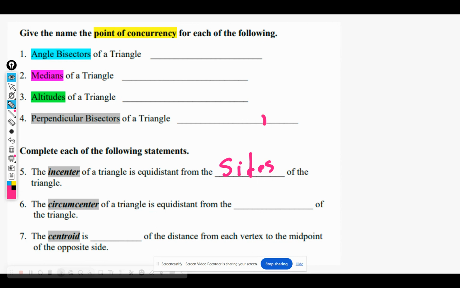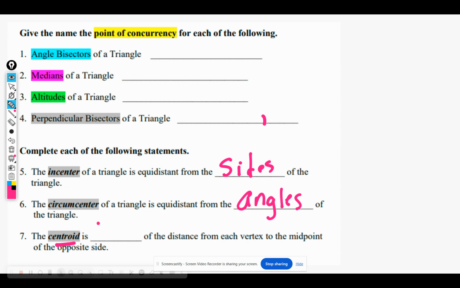The circumcenter of a triangle is equidistant from the angles. The circumcenter is equidistant from the angles of the triangle. And then the centroid is blank the distance from each vertex to the point of the opposite side.